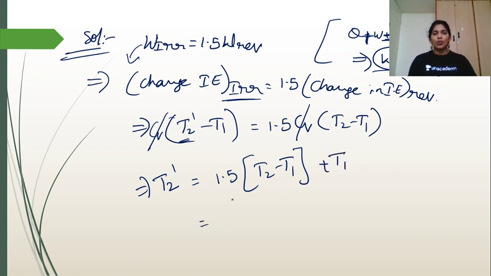What does this mean? T2 is the final temperature when we follow a reversible process, and T2 dash is the final temperature when we follow an irreversible process.